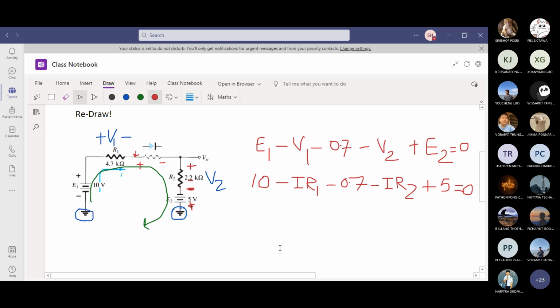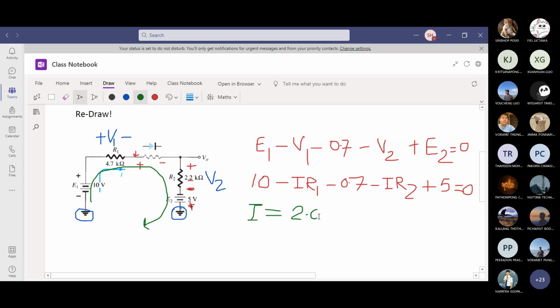I will be 10 plus 5 minus 0.7, that thing divided by 2 resistors in series. Let's calculate I. My answer is 2.07 milliamp. Please correct me if I do something wrong. Sometimes I make wrong calculation.